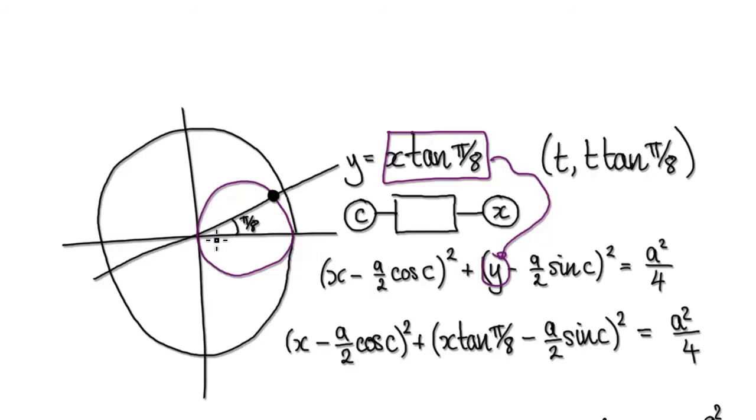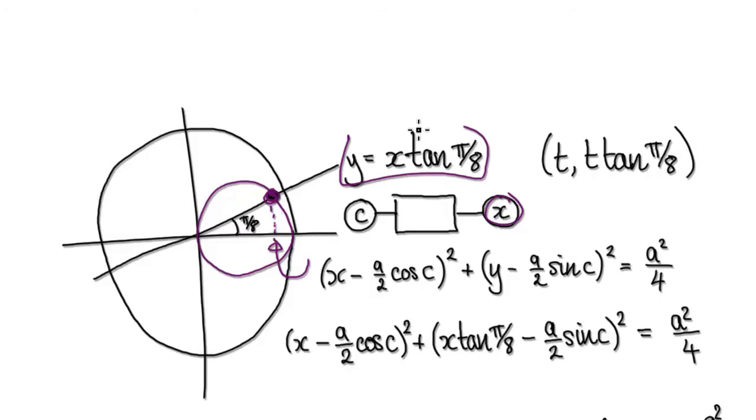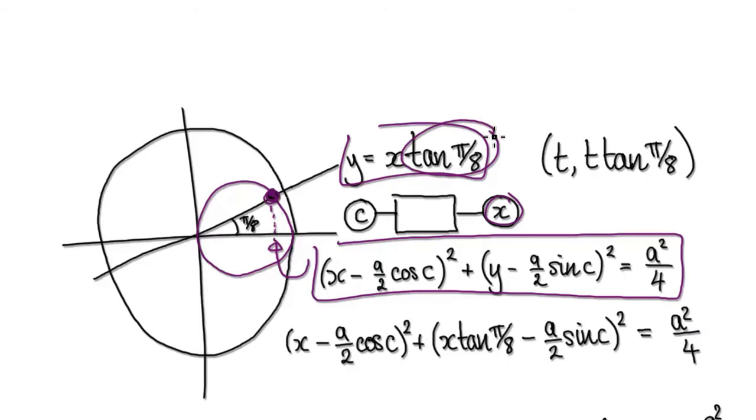The idea here is that as c is moving around, for a given angle c, we've got to work out x, the x value of the intersection of the line and the circle. So when you put this y into here and solve for x, it represents this location here, x.